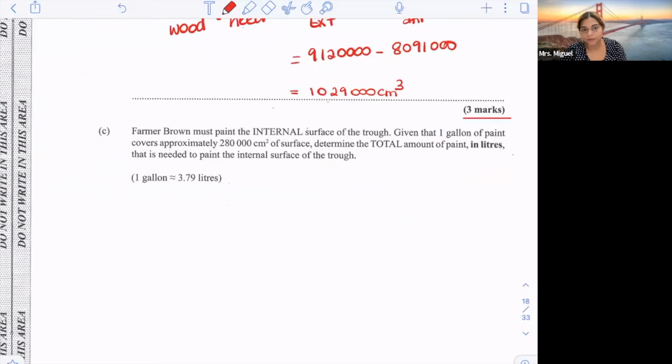Now, Farmer Brown must paint the internal surface. So he paints inside the box. Given that 1 gallon of paint covers approximately 280,000 of surface, determine the total number of paint in liters needed to paint the internal surface of the trough.